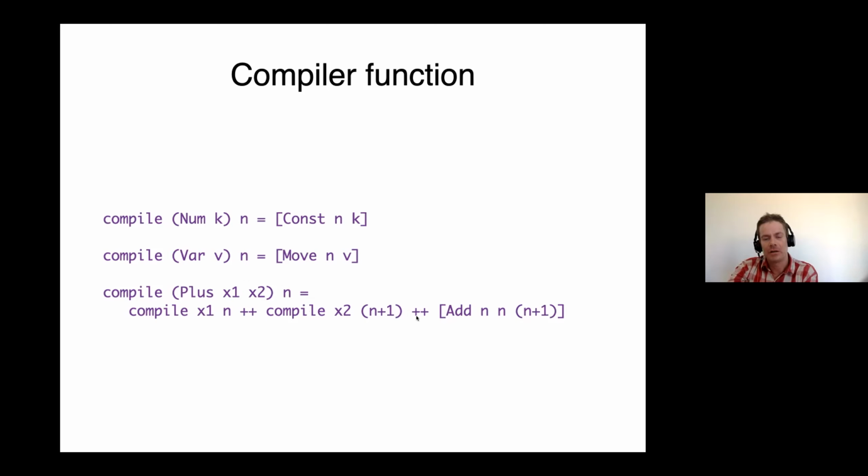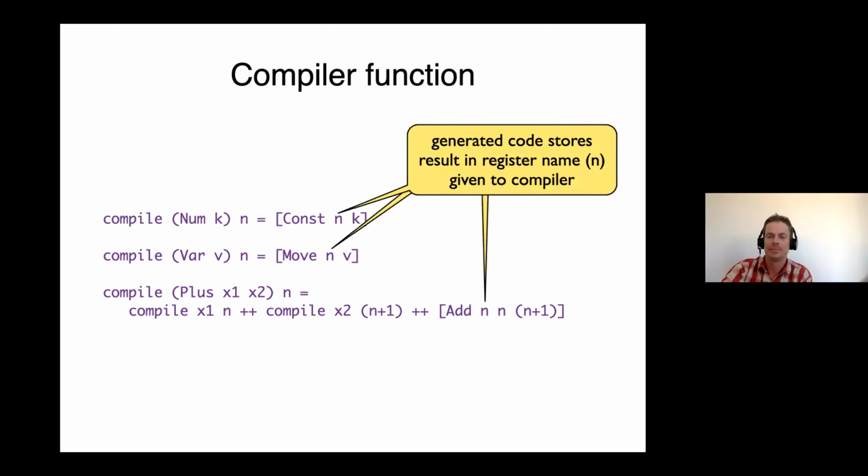Now once we've executed this code and that code, we should have a point where the value for x1 lives in n and the value for x2 lives in n plus 1. And so we can do an add instruction using n and n plus 1 and store the value in n, which is required from there.